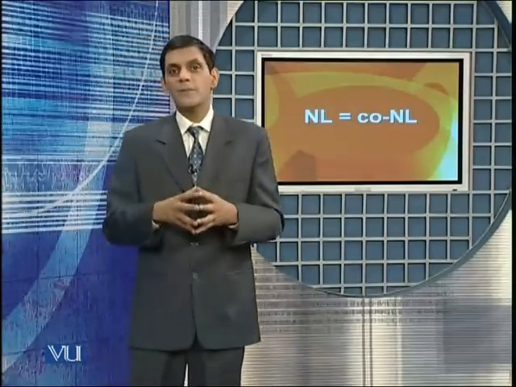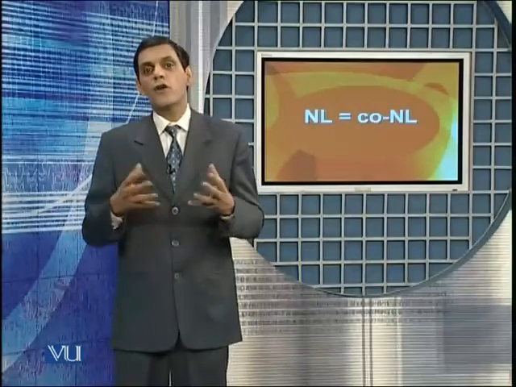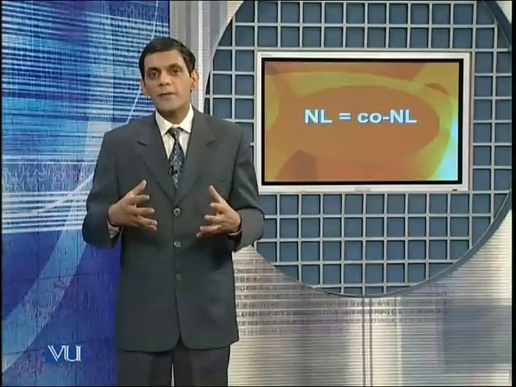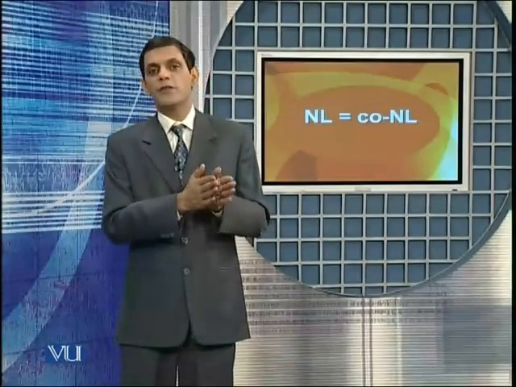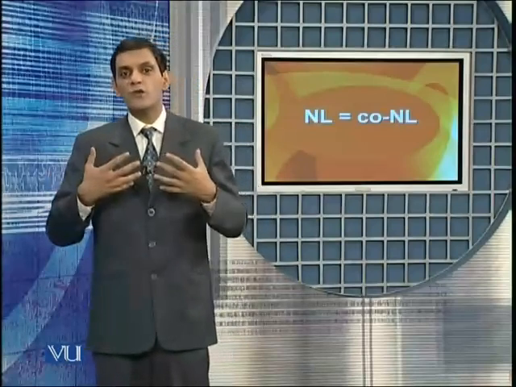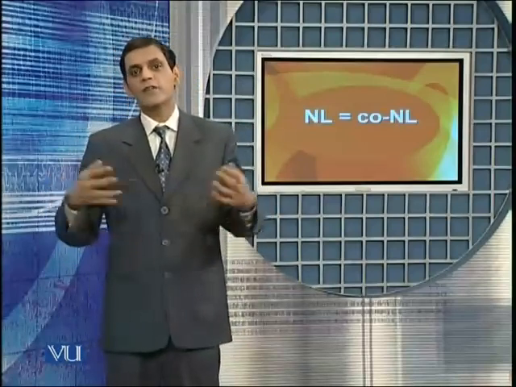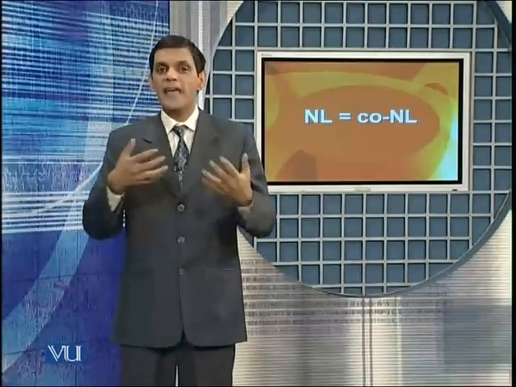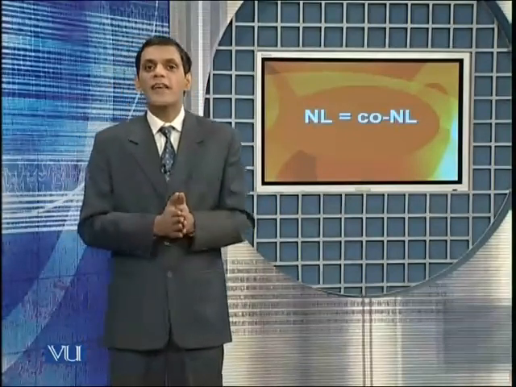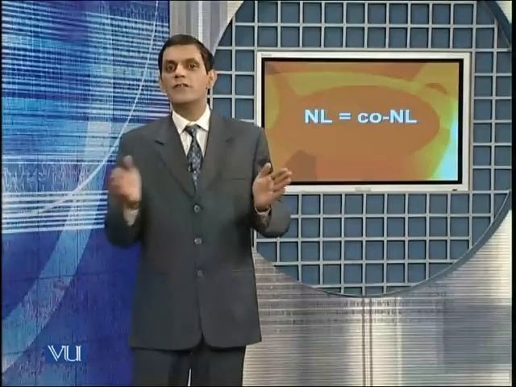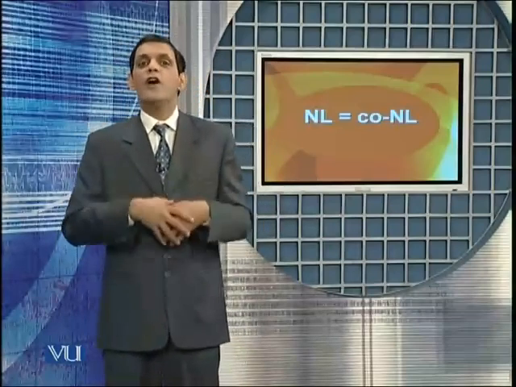What does this algorithm achieve? Well, it solves the path problem non-deterministically. If there is a path from S to T, there is at least one branch, one sequence of guesses, which will make this algorithm accept. On the other hand, if there is no path from S to T, then all guesses, all branches will reject.